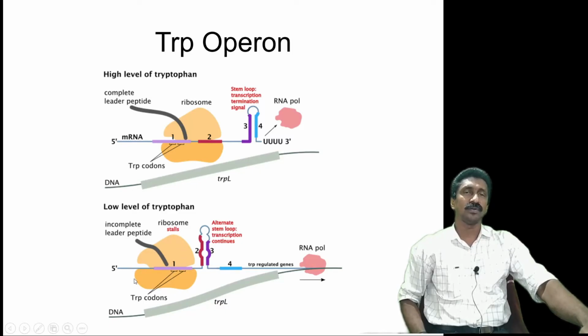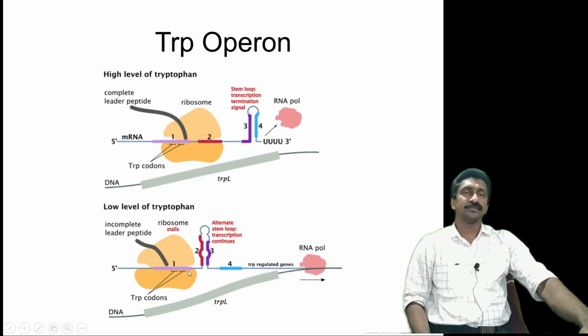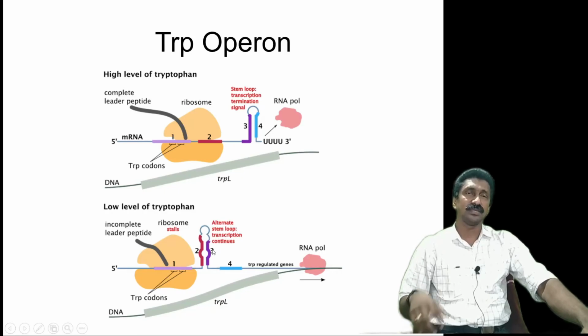So the ribosome will halt at the region 1 of the leader peptide or the leader region. And that results in the formation of a pairing between or a loop between 2 and 3 regions of the leader region. And these 2 and 3 regions is an anti-stem loop.